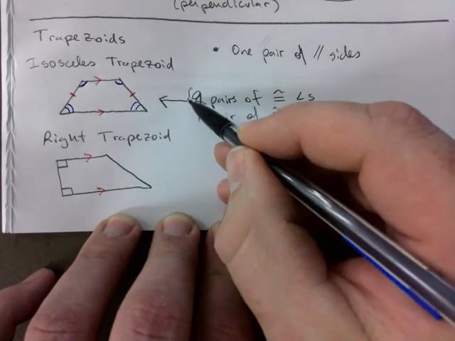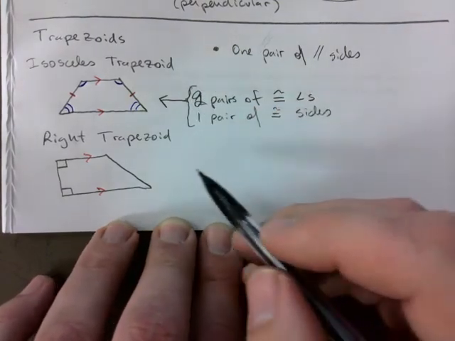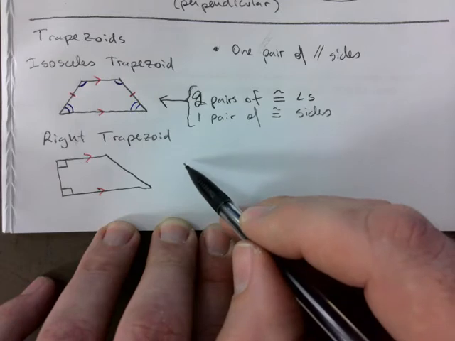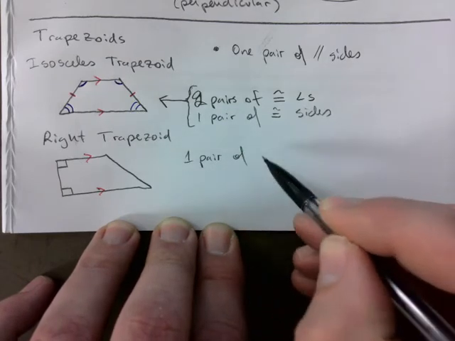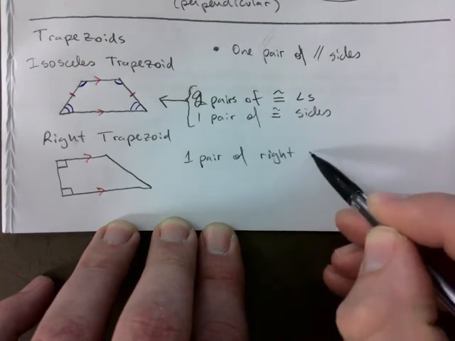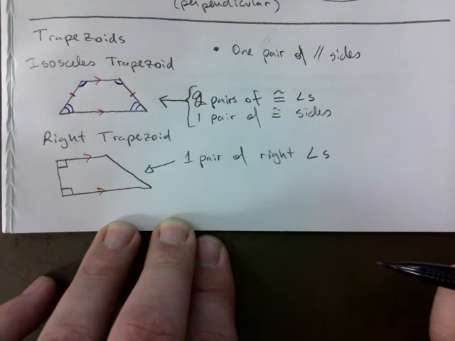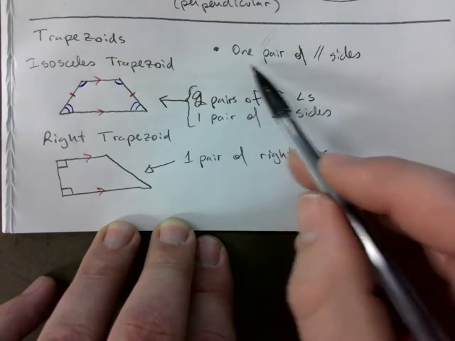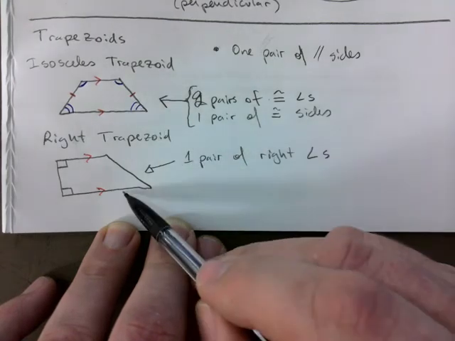That's specific to this one. Doesn't go for the other one. Okay. And this one just has one pair of right angles. Specific to this one only. So this one they share. This is specific to that one, and this is specific to that one.